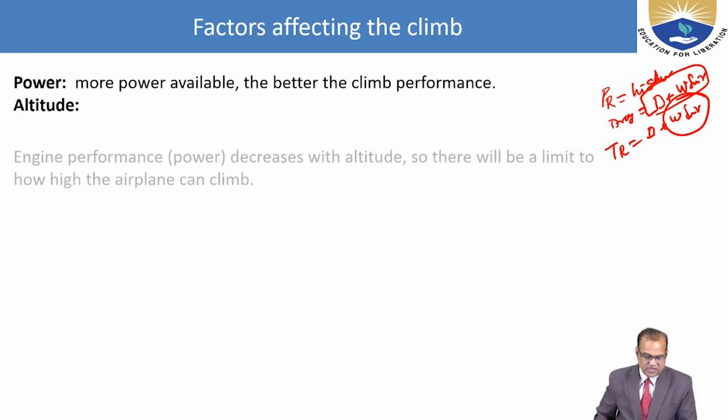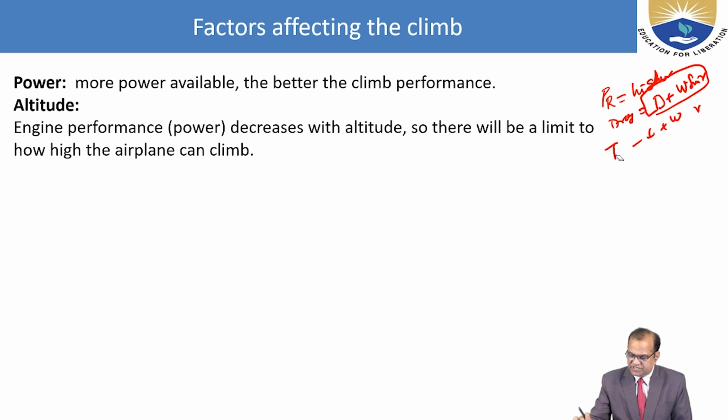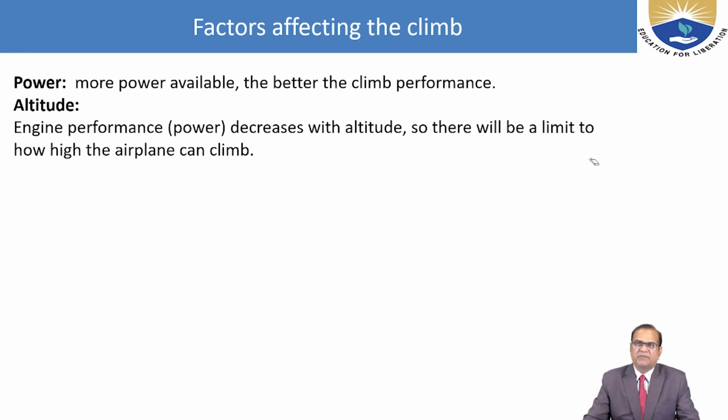Altitude. Engine performance, that is the power, decreases with altitude. As you go higher and higher, the engine power is decreasing. So there is a limit to how high the airplane can fly.